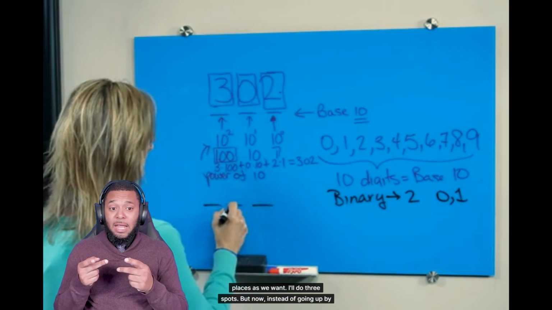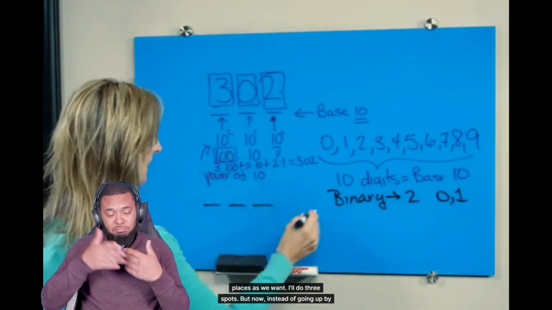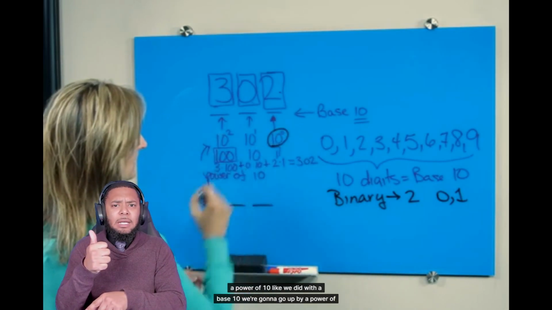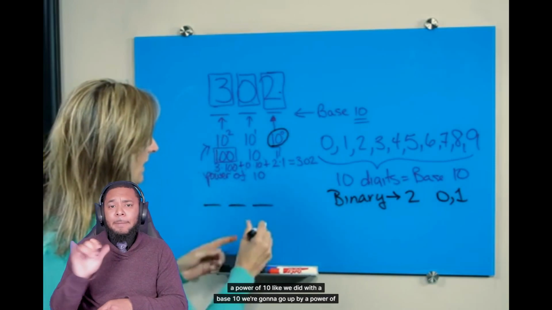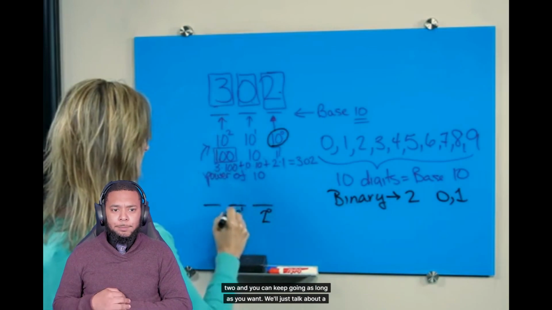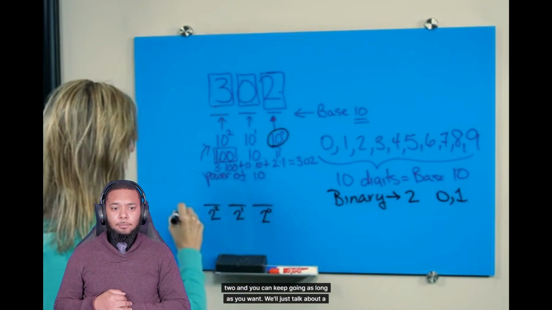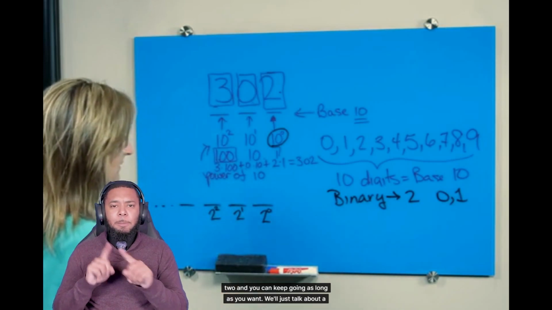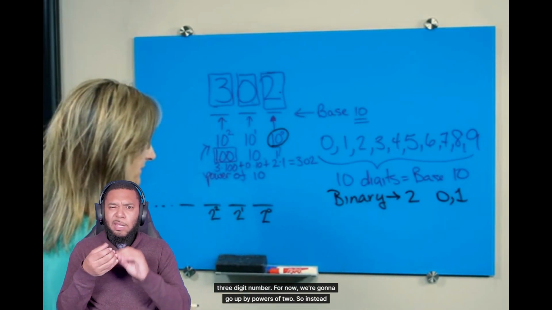I'll do 3 spots. But now, instead of going up by a power of 10, like we did with base 10, we're going to go up by a power of 2. And you can keep going as long as you want. We'll just talk about a 3-digit number for now.